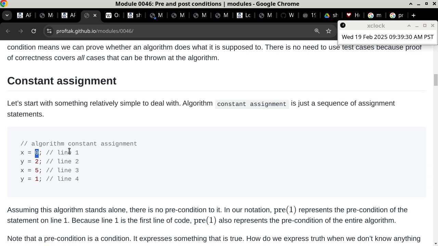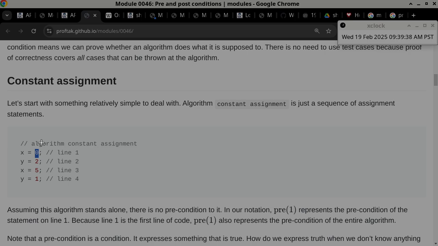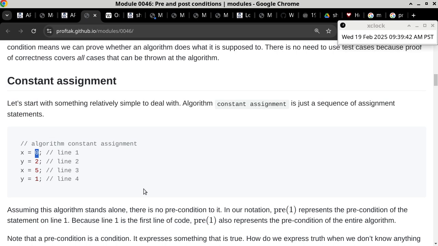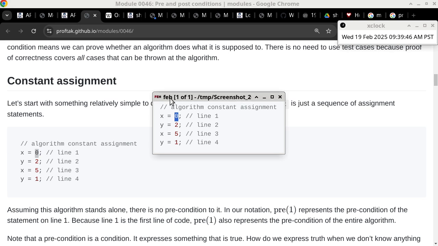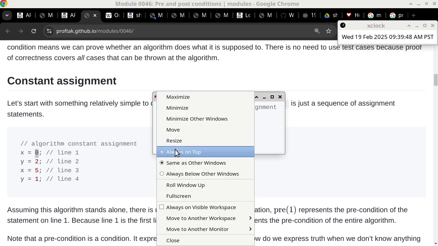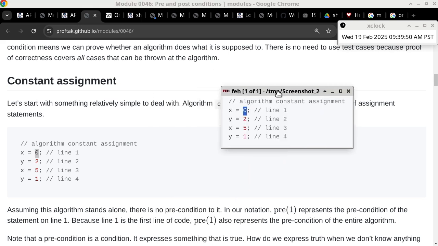But instead of a trace, now we want to look at the precondition and the postcondition on a line-by-line basis. Let me copy this one first because I want to be able to refer to it as I scroll down through the explanation. So we're going to make this always on top because I need to refer to the lines.